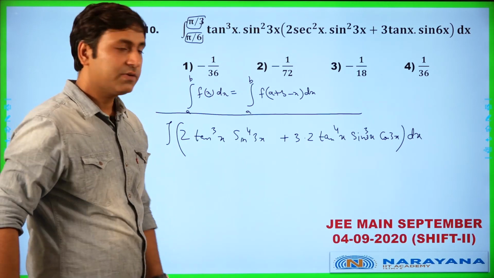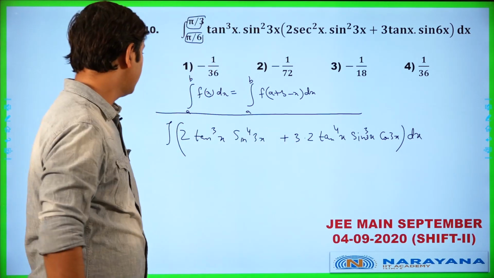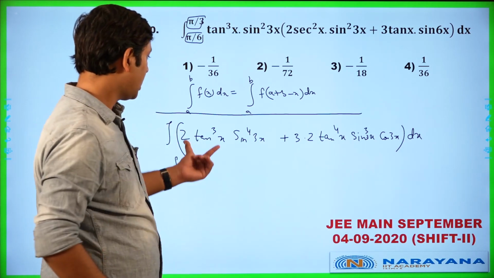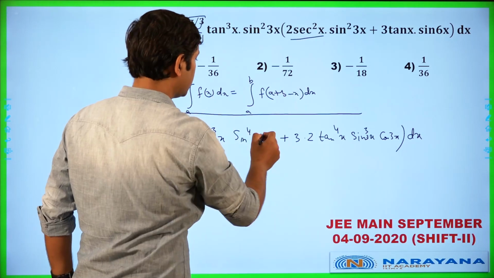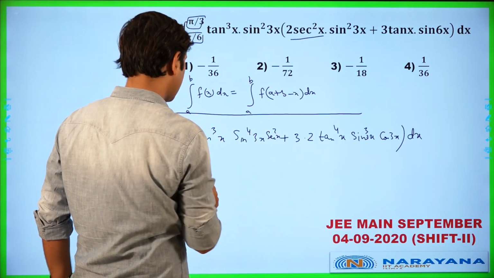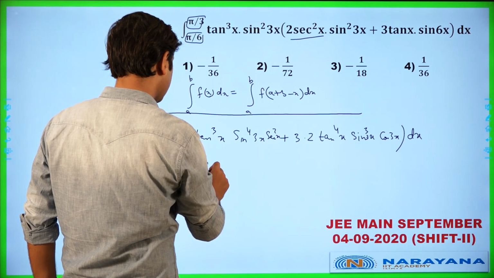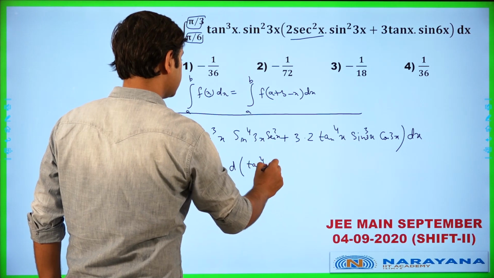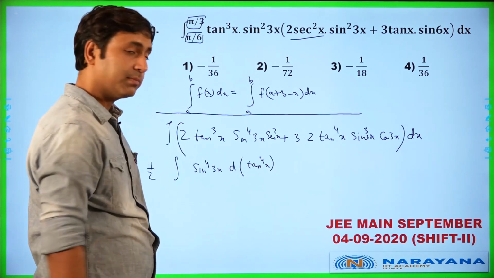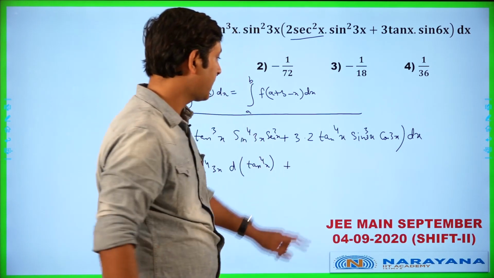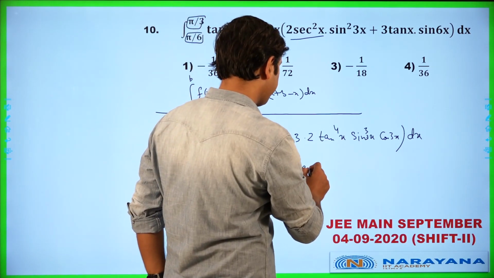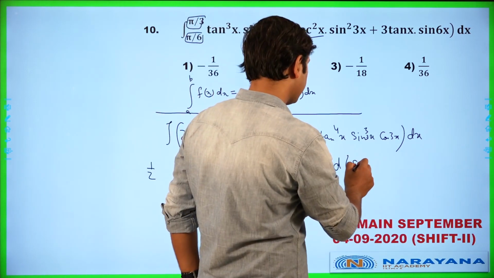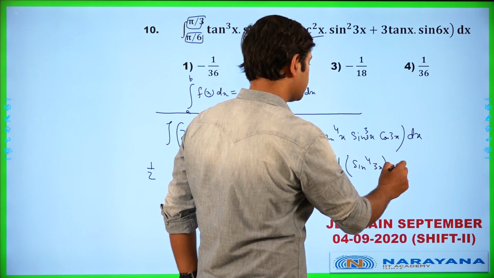dx. If you multiply this expression by 2, we can say that it's integration of, notice that how secant square x we forgot here, how this is sine power 4 3x, then differentiation of tan to the power 4x after multiplying by 2, plus tan to the power 4x, differentiation of sine to the power 4 3x.